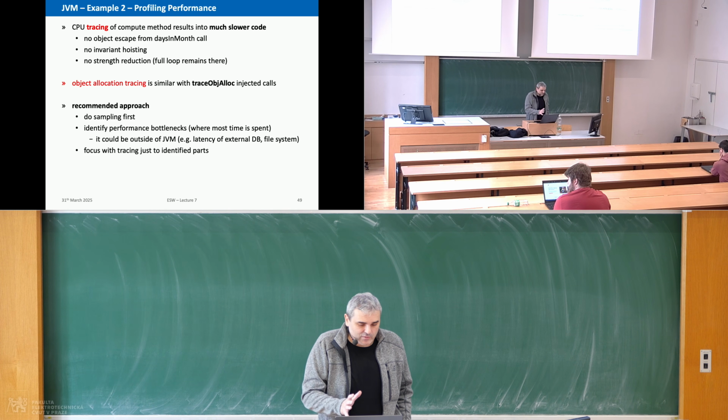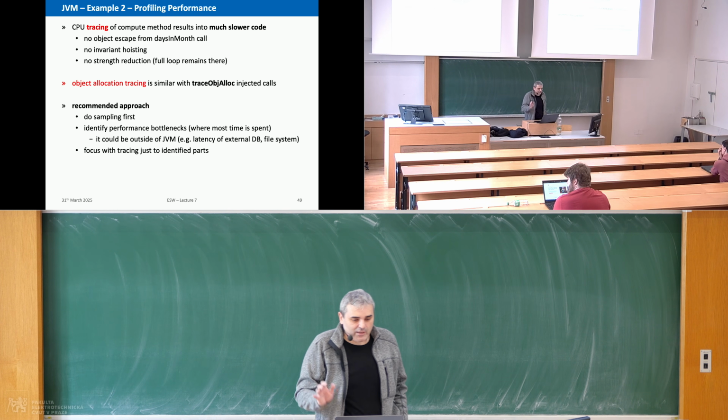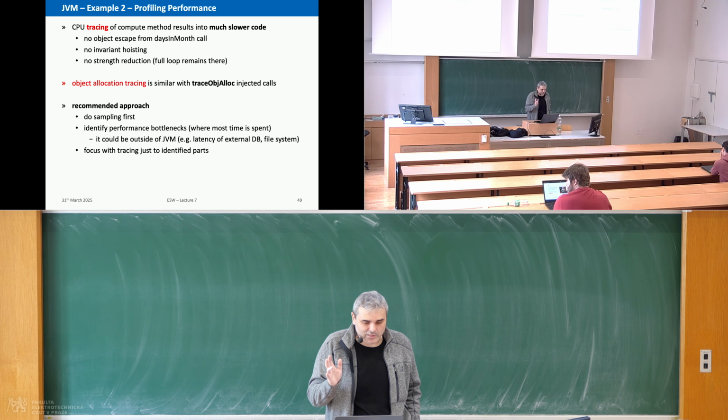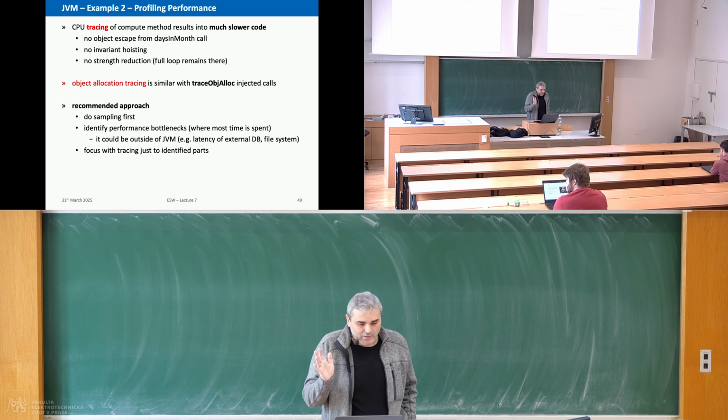So, summarization. Tracing, either CPU or memory allocation tracing, which is very similar to this, results in much slower code in all compilation results. So in fact, it affects what you are measuring. I've already mentioned this recommended approach.